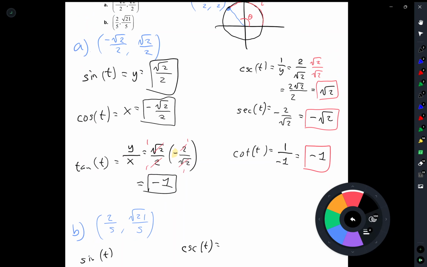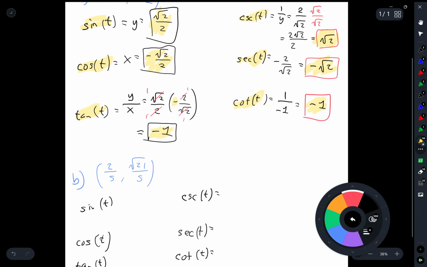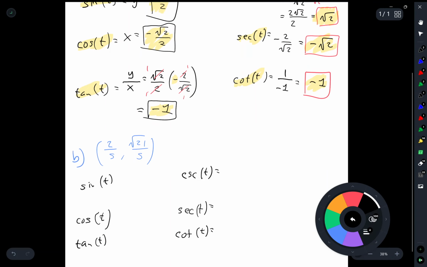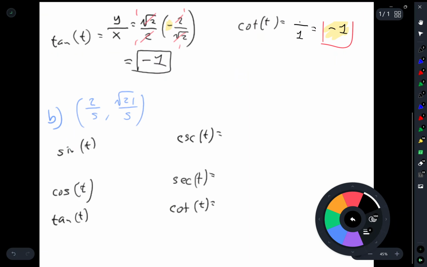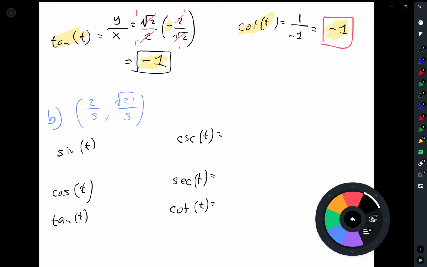Okay, so now that we have the idea there, we found the values of each of these trig functions. Let's move on to an example that's algebraically more difficult, let's put it that way. And that's part B, which is the same idea. We have this point on the unit circle, and we want to find the values of sine, cosine, cosecant, secant, tangent, and cotangent. Sine and cosine are of course very easy. They're equal to y and x respectively.